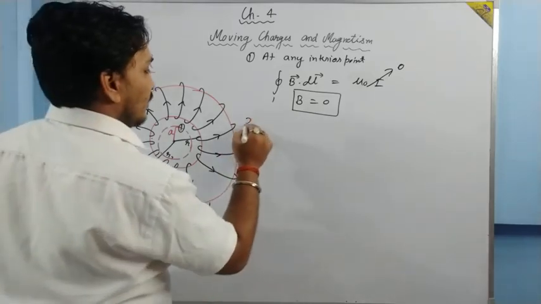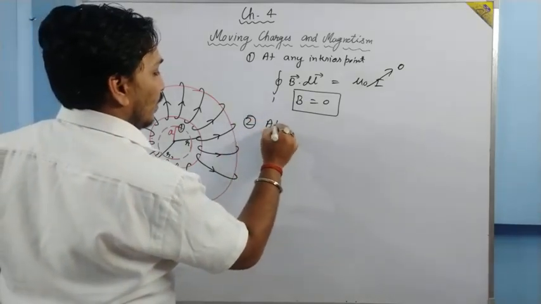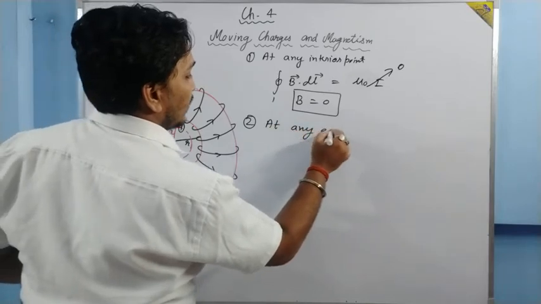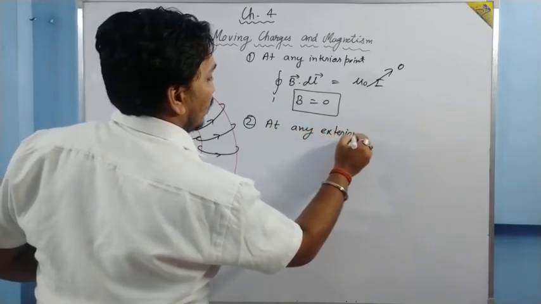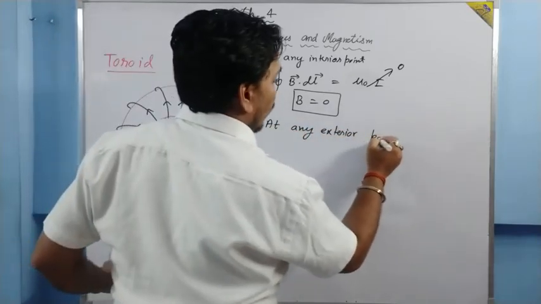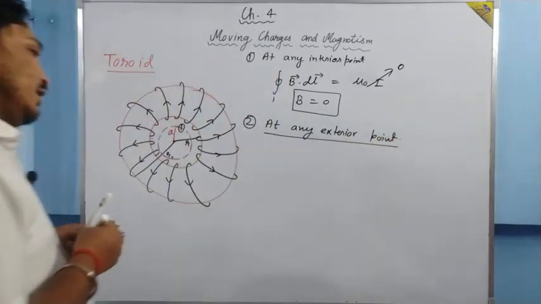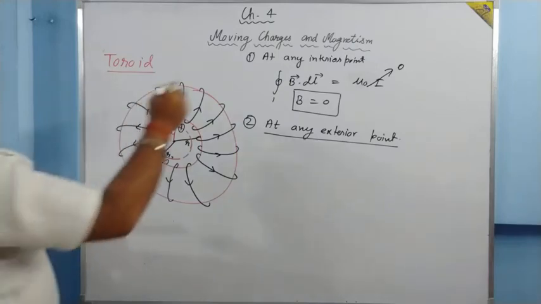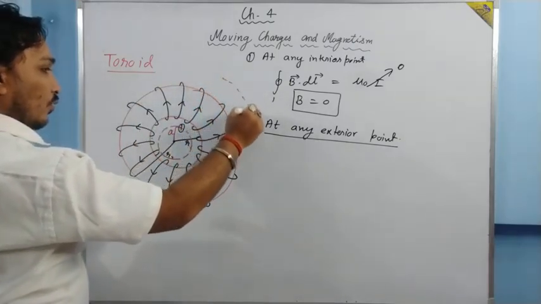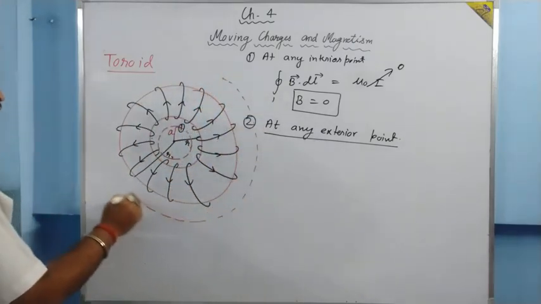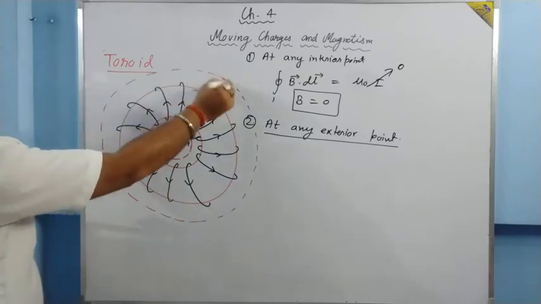The next thing is at any exterior point. So for any exterior point, let this be the point. Taking this point, we draw a closed loop.